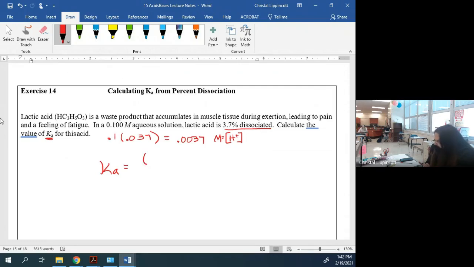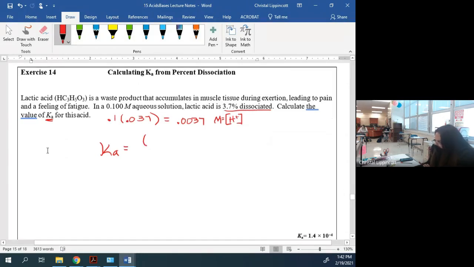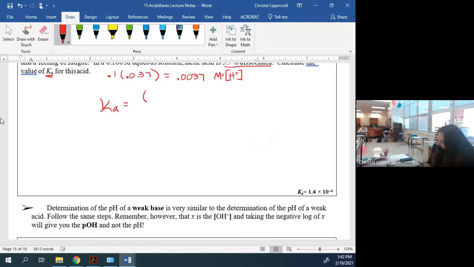if I had this as an ice table, I guess I should back this train up, or I'm just going to do it over here. My HA, my H plus, my A minus, okay?